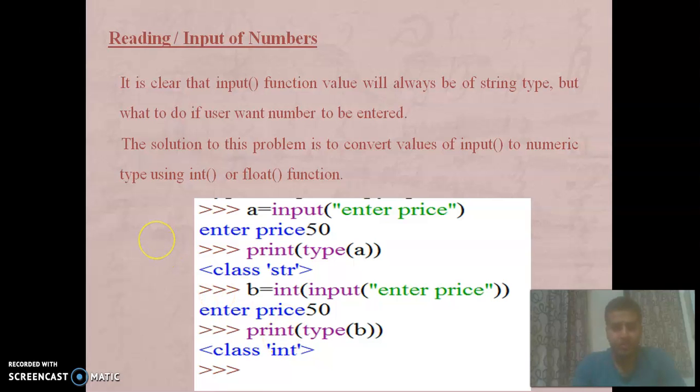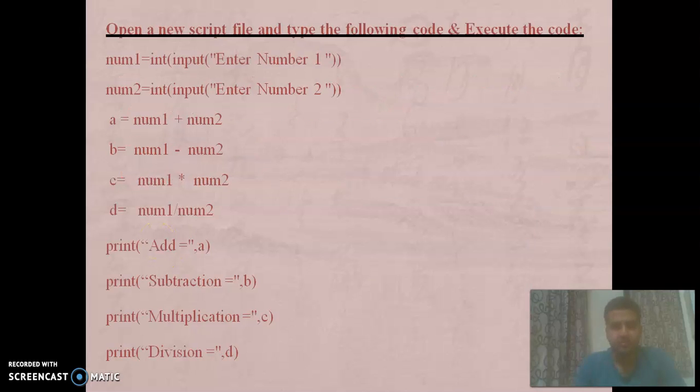I hope you understood. This is a simple program. You open a scripting file, type the following code and execute it. I have written this code, so you just type those lines of code, execute, and get the output.